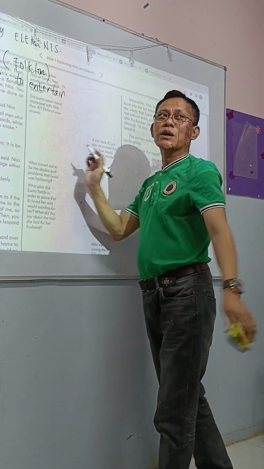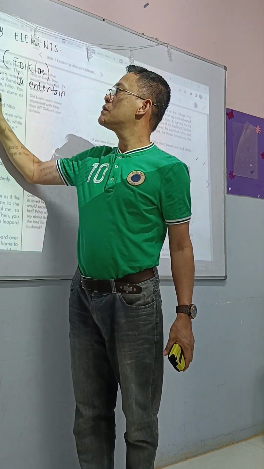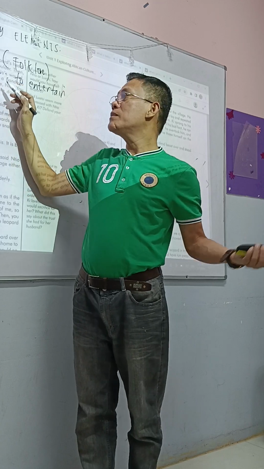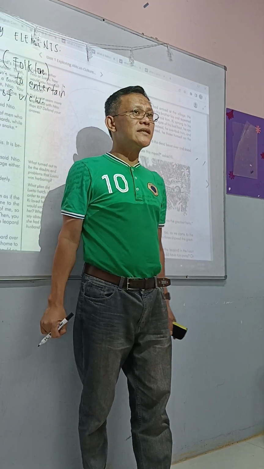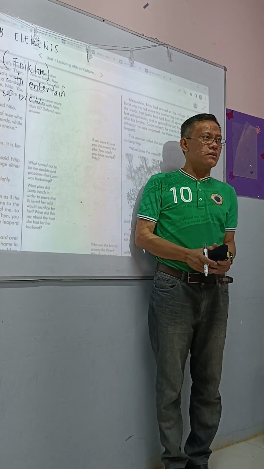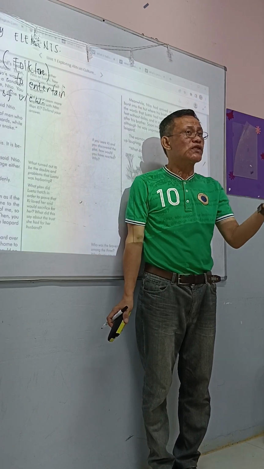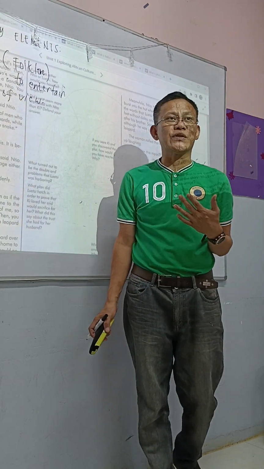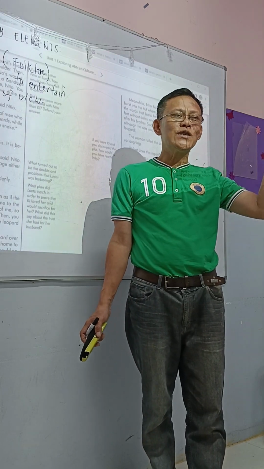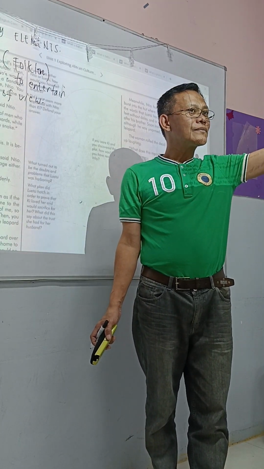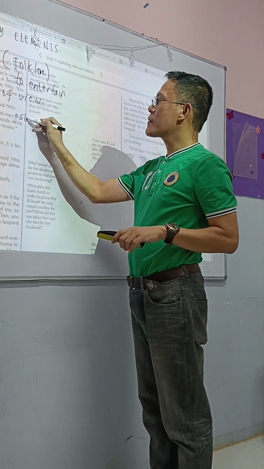What about the author's point of view? Jomar? First, Mr. Grayson will tell you that the author's point of view can be first person, second person, or third person. Let's identify the first person. The first persons are I and we.